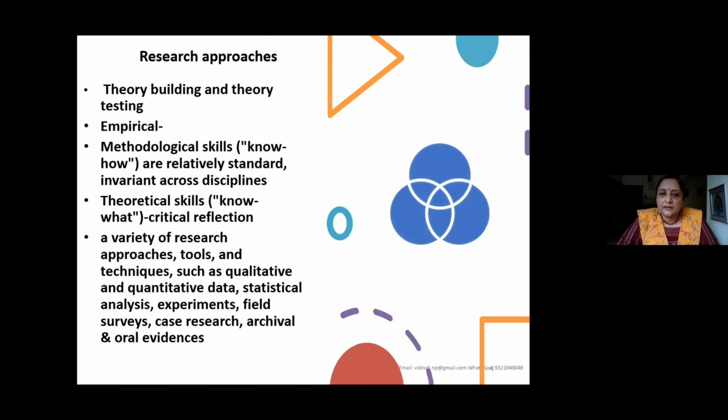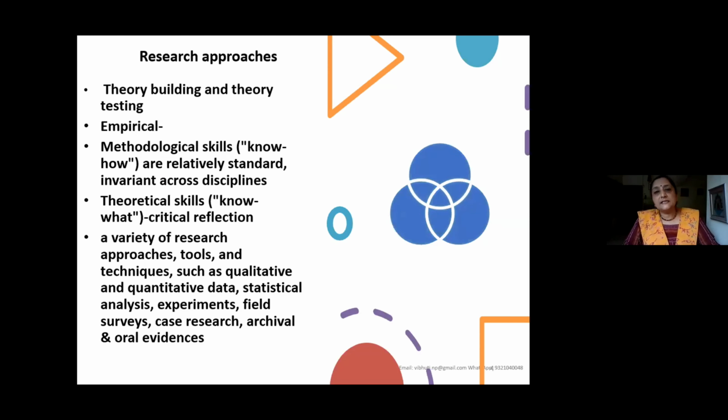What kind of invariants across disciplines? Say you are doing a study of violence against women, or research on the implications of the COVID virus on communities. You need various types of understanding. You need to understand the medical science, the epidemiological aspect. You need to understand people's practices and habits.